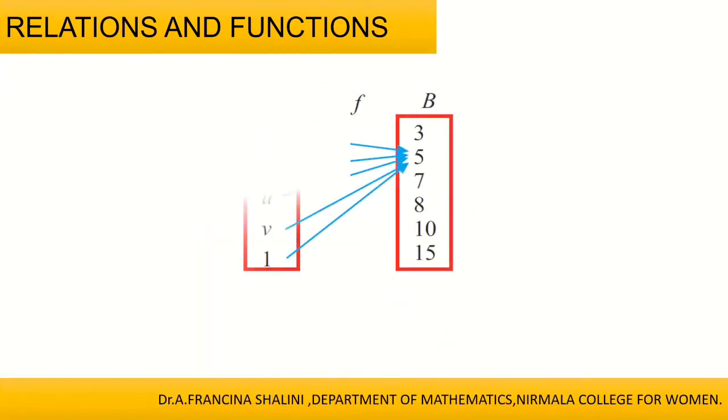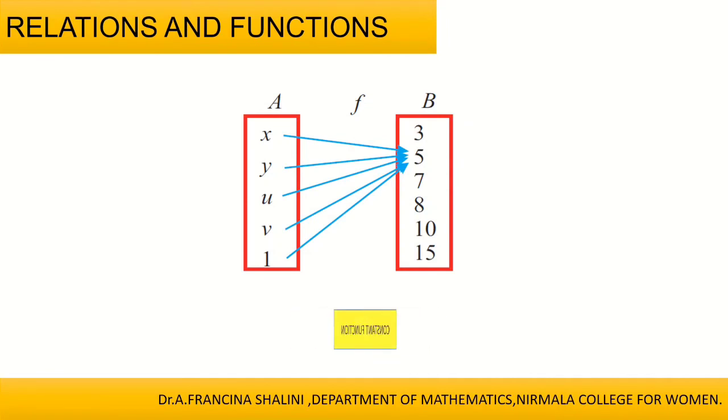The next function is a constant function. So a function in which all the values in A are mapped onto a single image in B, then we say it as a constant function. Here the set A has elements x, y, u, v, l. In B it has elements 3, 5, 7, 8, 10, 15.